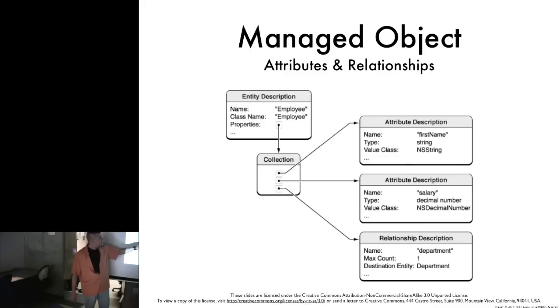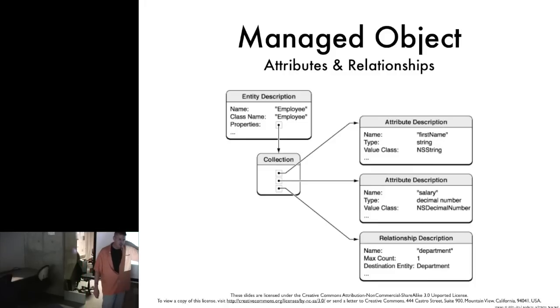Each one of these instances in this collection is called a description, which is basically: here's an attribute, here's what type it is, and here's the value of it. In this case, one of the attributes is a first name for this employee. It's a string, and the class associated with the value is NSString. Then there's salary, which is a decimal number, and the type is NSDecimalNumber.